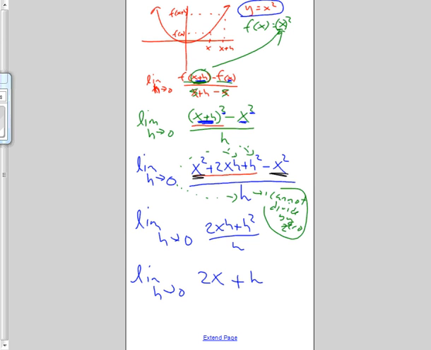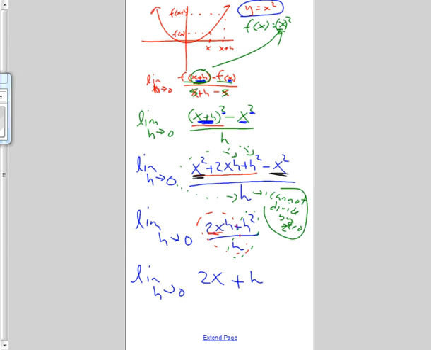In the first fraction, the h's cancel off, and we just have the 2x. And in the second fraction, we have h squared over h, so one of the h's goes away. Now we don't have h in the denominator anymore.